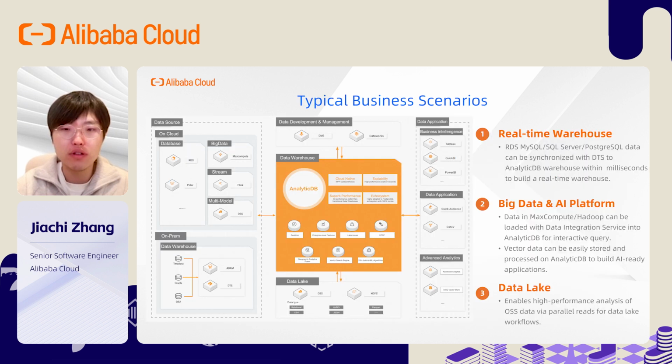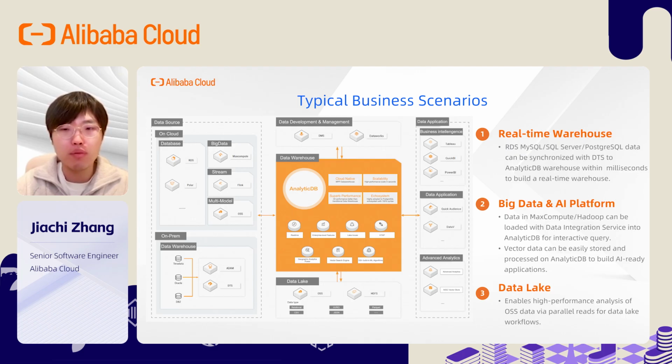Our product addresses several typical business scenarios. First, for real-time warehousing, data from RDS MySQL, SQL Server, or PostgreSQL can be synchronized in milliseconds using DTS. It enables real-time data analysis. Secondly, it's excellent for big data and AI platforms.